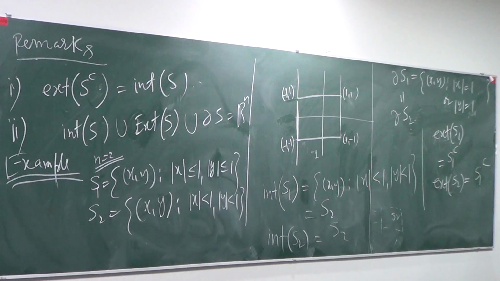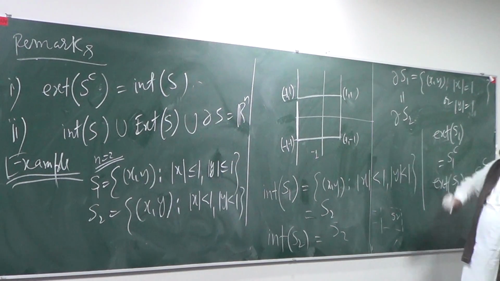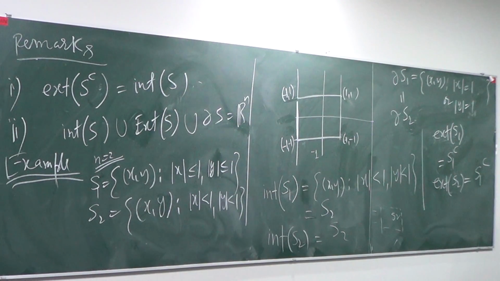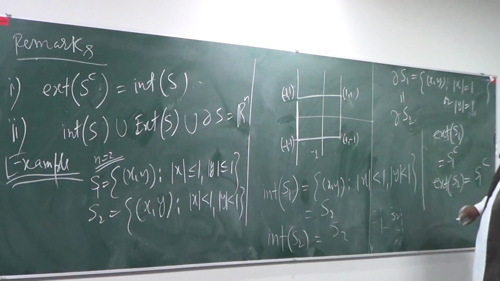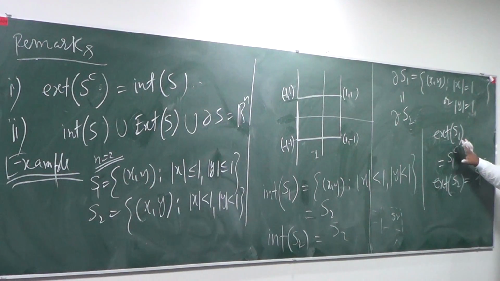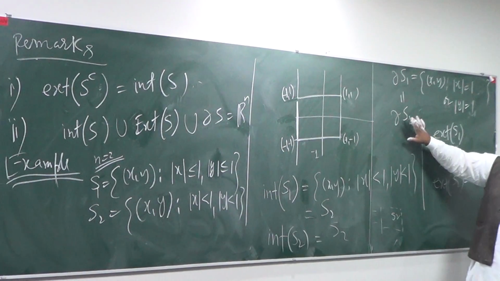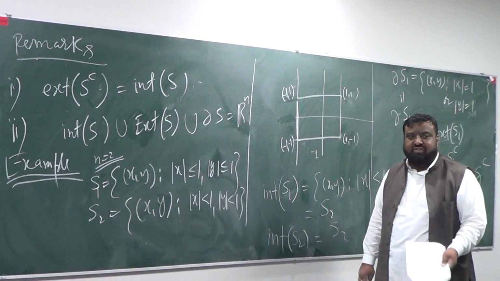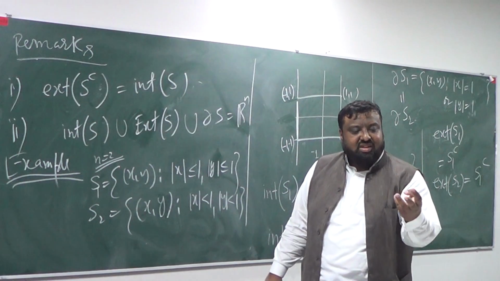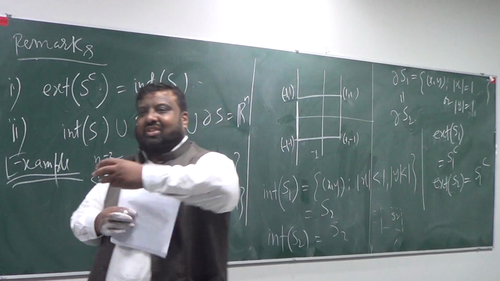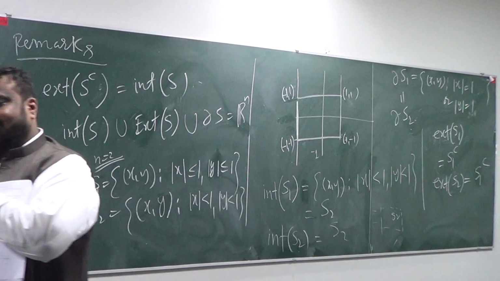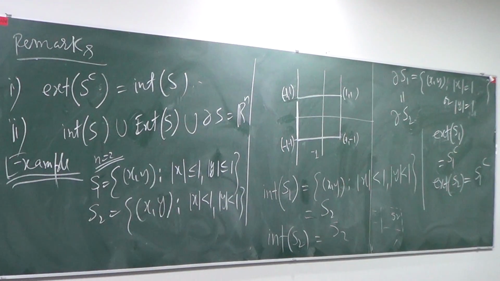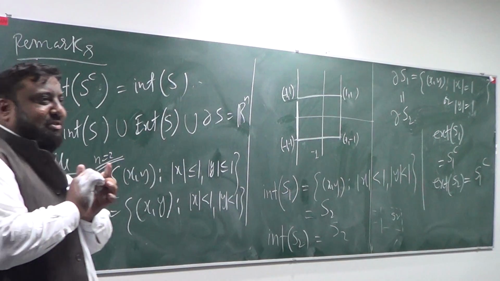Now you can think about the boundary. What would be the boundary of S1? From R^n, take away the interior and take away the exterior; whatever remains is the boundary. Similarly you can see the boundary of S2. Here is a very interesting point: S1 and S2 are two sets with the same interior, the same boundary and the same exterior, but they are different.